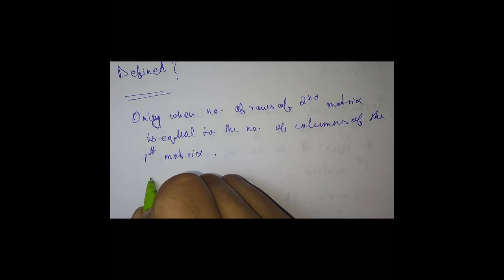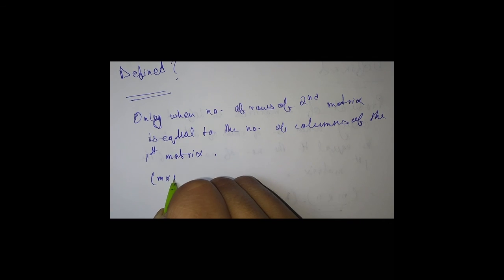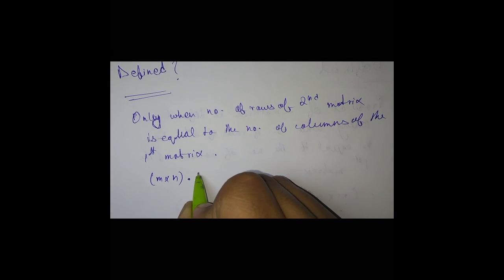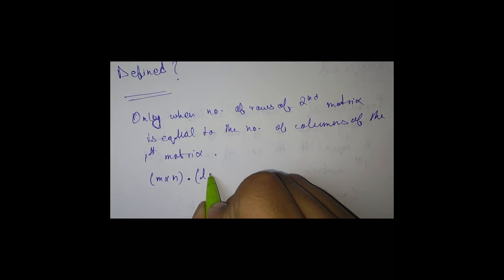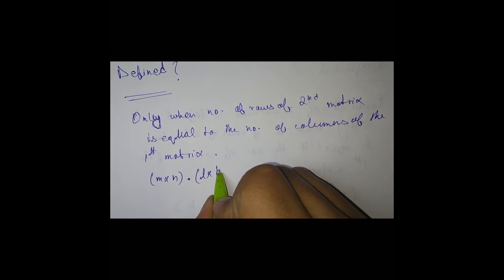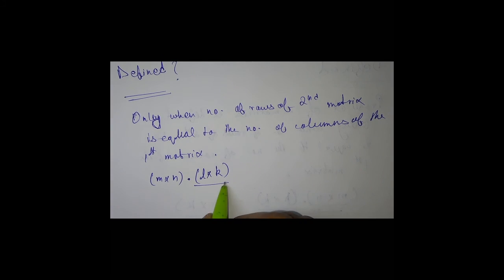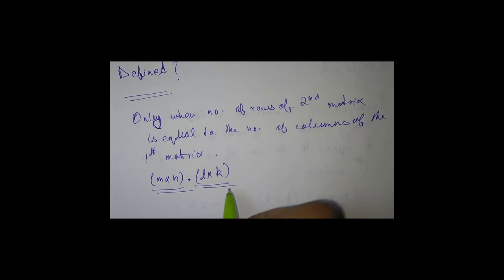So if a matrix with order m cross n is multiplied with another matrix of order L cross K, this multiplication is defined only and only when n is equal to L.